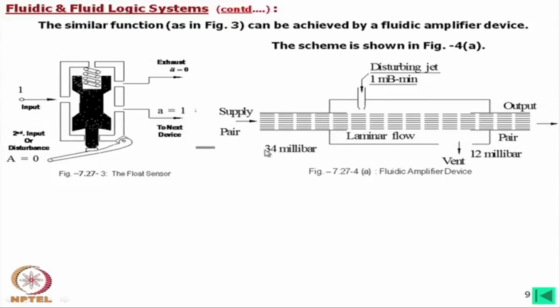Say we need at least 340 millibar, that means we have to amplify 10 times. That is a different issue, but we cannot pass 340 millibar air through this to have this performance. This is usually low pressure.